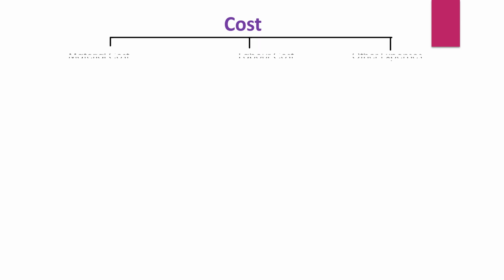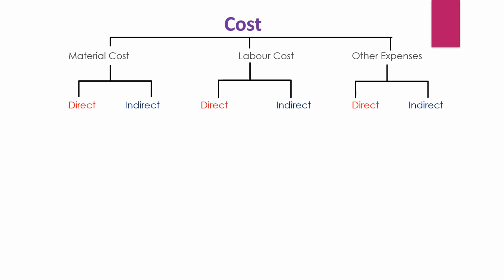Now let's see how this cost and cost element impact the production cost based on their purpose. Firstly, you know that there are three cost elements: material, labor, and other expenses. These can be classified into direct and indirect.